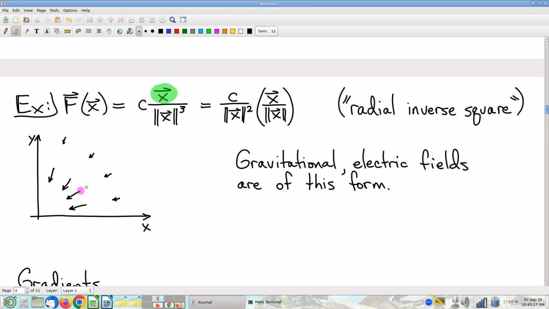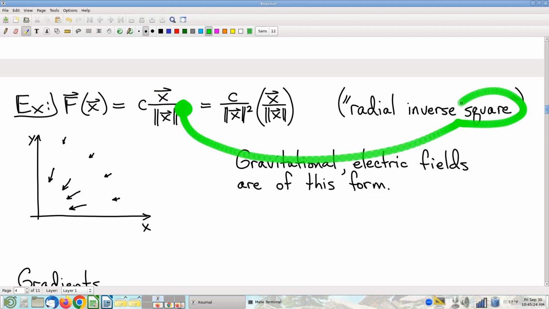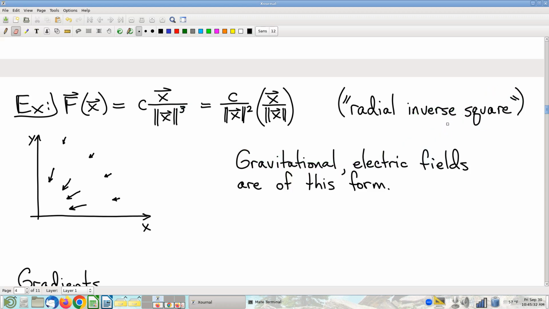Why do we call it inverse square if the formula clearly has a cube in the denominator? That's a pretty good question. And the answer is you have to realize one of those is actually doing a different job. One of these factors is needed to turn the x vector into a unit vector and to therefore only define a direction.